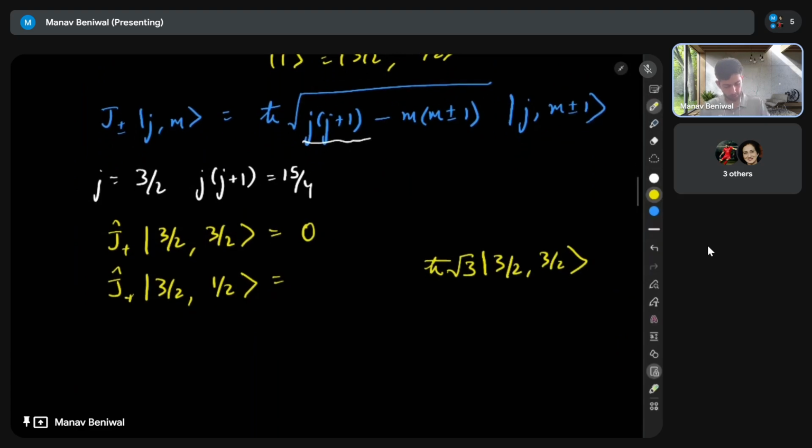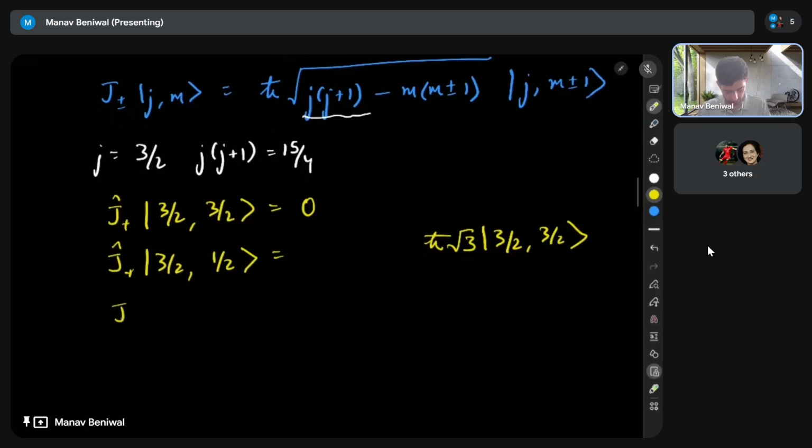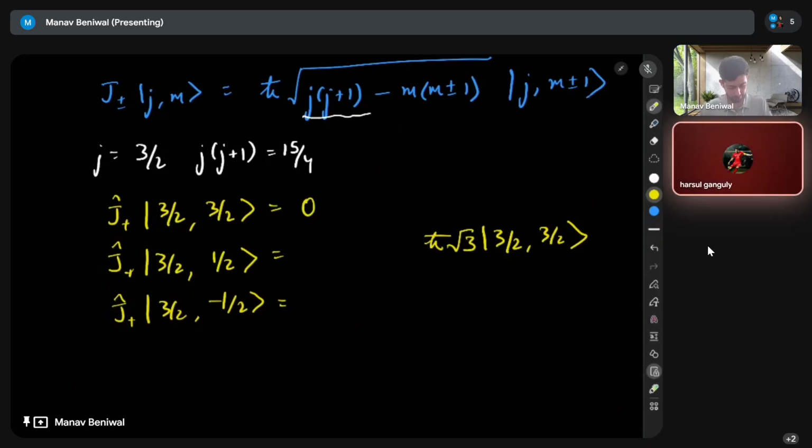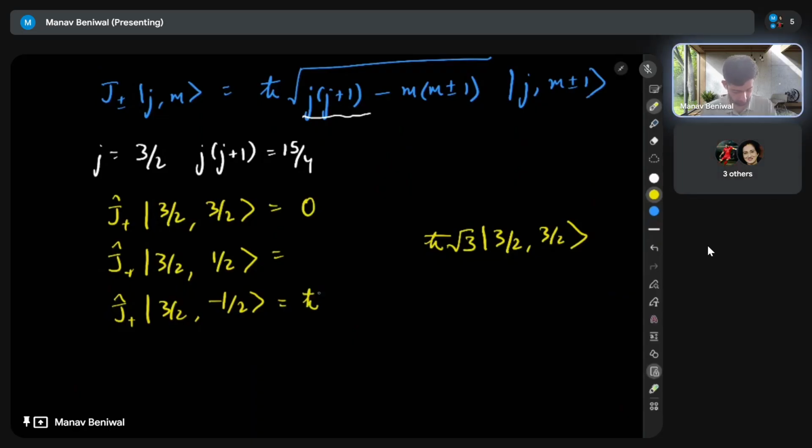Let's do the next one: J plus on 3 by 2 comma minus 1 by 2. Again we have h cut here, and this is 15 by 4, and minus of minus 1 by 2 becomes plus 1 by 2, and m plus 1 is again 1 by 2.